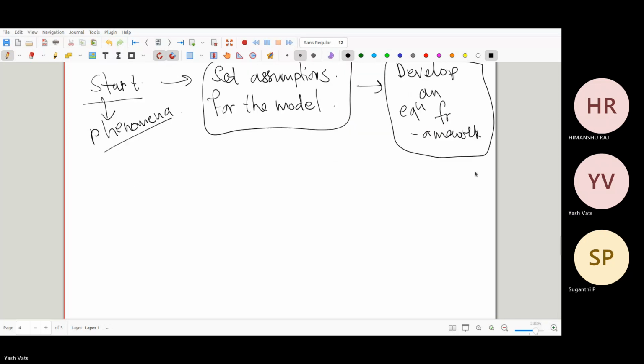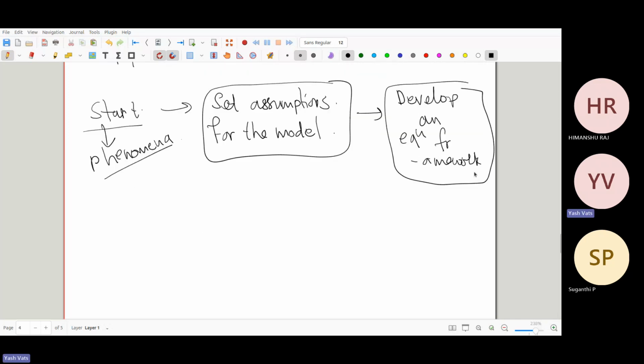It means you can describe that phenomenon using differential equations, partial differential equations. In this course, we are mainly focusing on differential equations, so no need to worry about other mathematical tools.